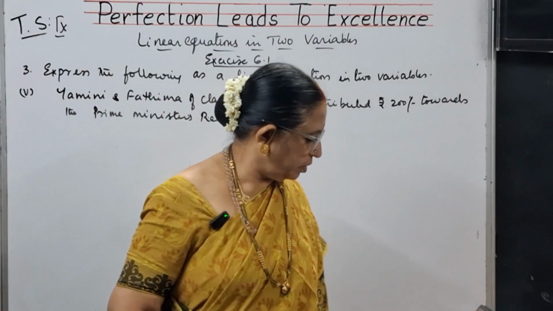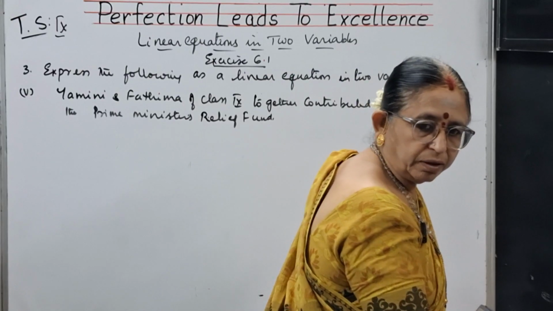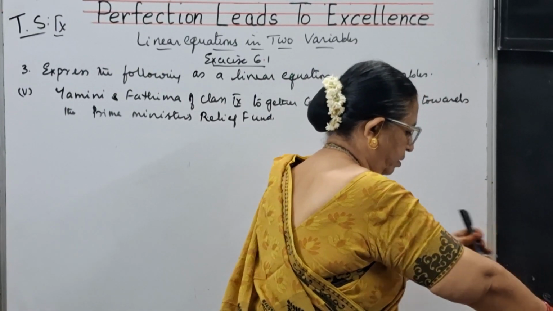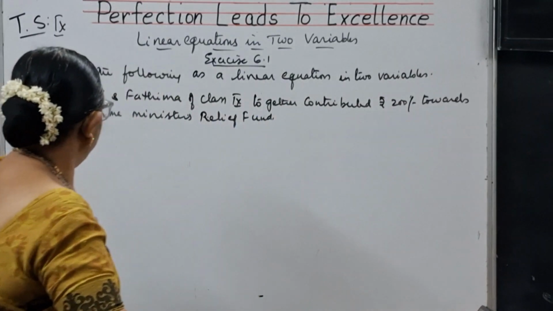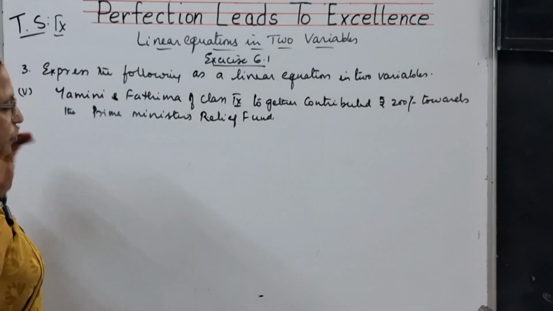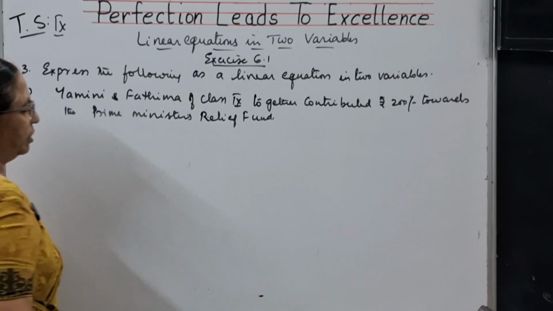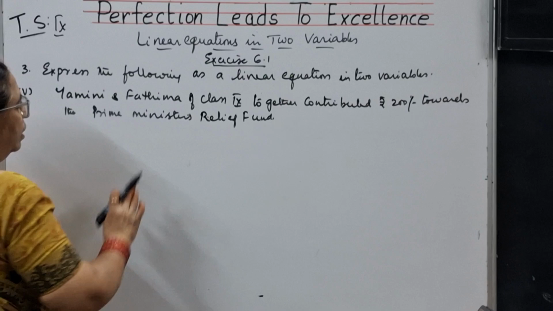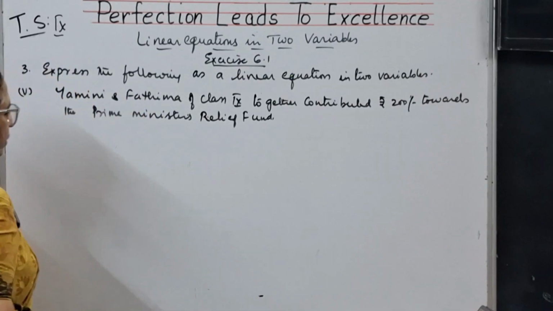Now, fifth bit, children. Fifth bit is Yamini and Fatima. Yamini and Fatima of class 9 together contributed 200 rupees towards the Prime Minister Relief Fund. Means some amount is contributed by Yamini and some amount is contributed by Fatima.